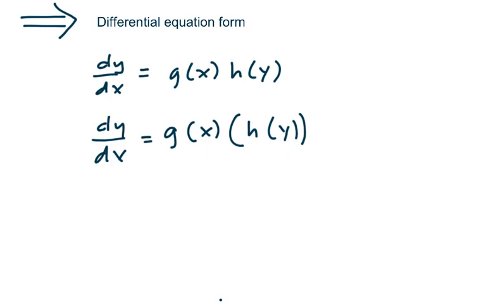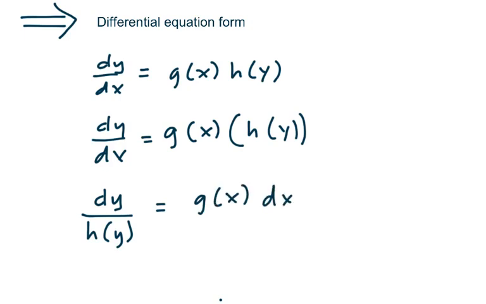I can divide on both sides by h of y and multiply by the dx, which would give me dy divided by h of y equals g of x times dx.